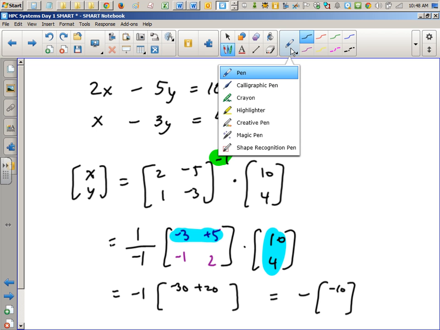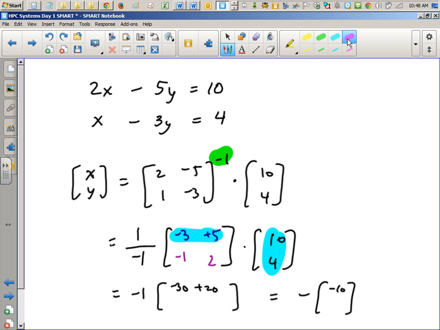And then let's do the other highlighter. Oh, that just washed everything out. I don't like that pink at all. Oh, let's do green. So we're doing second row vector with the column vector. That's just negative 10 plus 8, you see. So this is just negative 2. And the minus outside just negates the two answers. 10, 2 is the answer.